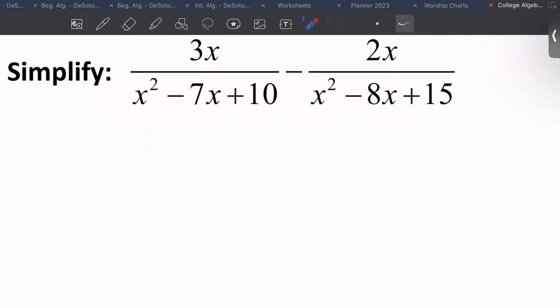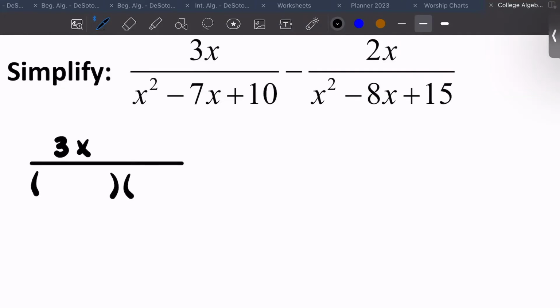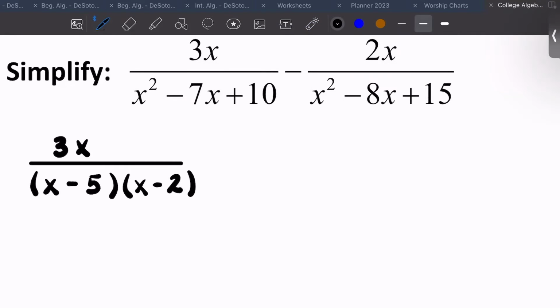Could not factor them. Here we can, okay? So we have 3x over, we have an easy trinomial, and we have x and x, our signs are the same, and they're both negative. And we need the factors of 10 that add to 7, that's 5 and 2, okay?